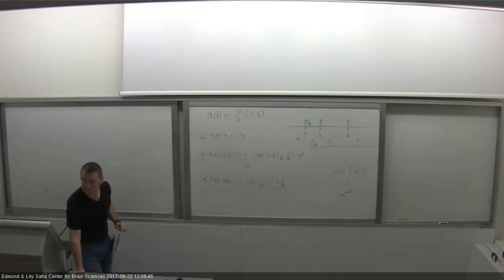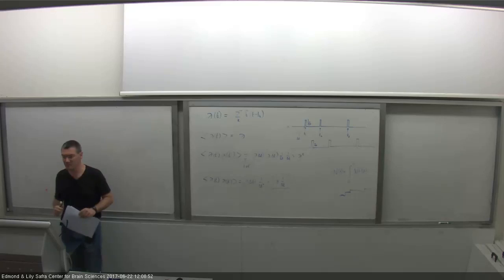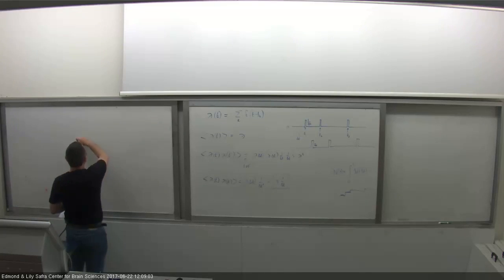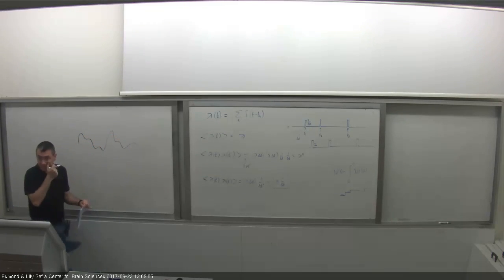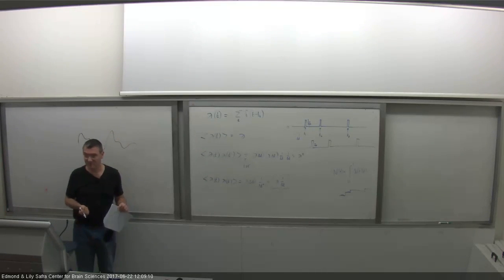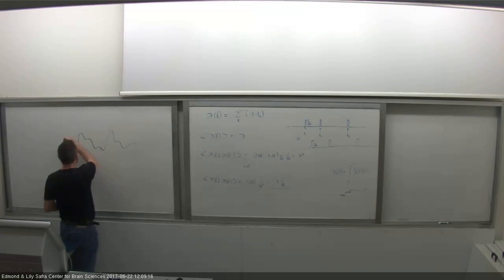Yes? Why not just normalize it somehow, just to be consistent? What do you mean by normalize it? There's a number here. There's a right answer. It's not arbitrary. If I provide you with this signal, x of t, and I ask you to compute the autocorrelation, you'll get an answer. There will be a number.